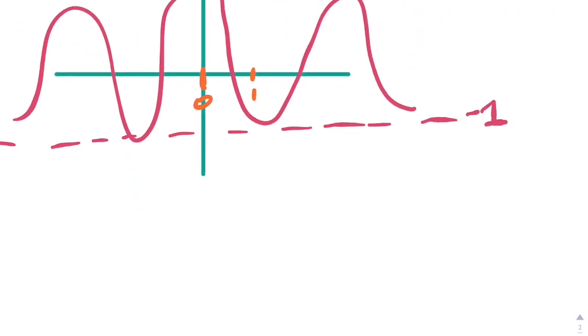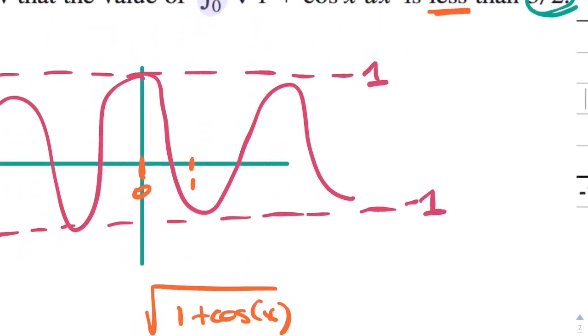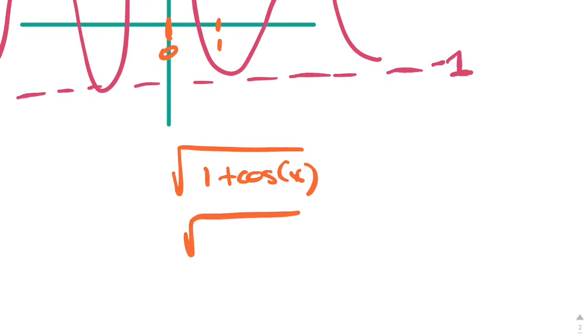So let's just actually find the square root of 1 plus cosine of x at its maximum, because we're trying to prove less than. So if we test the max, we will test the less than part of it. So we have cosine of 0 is 1, so we have 1 plus 1. So the square root of 2.